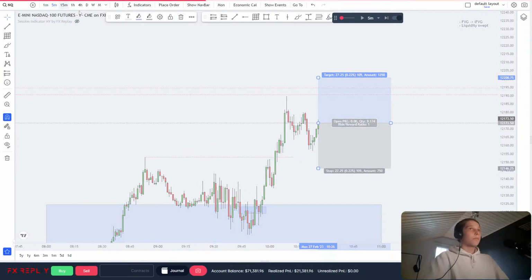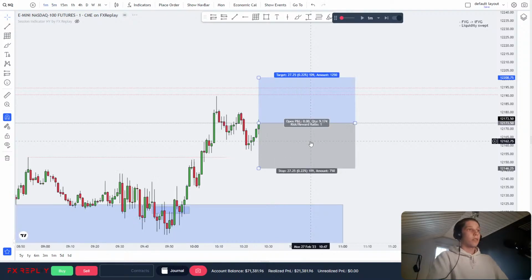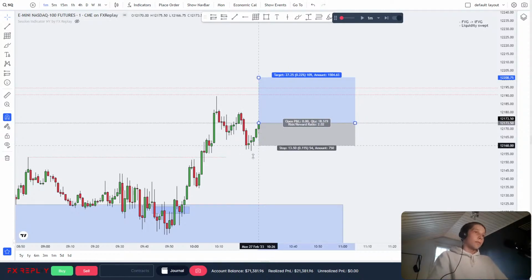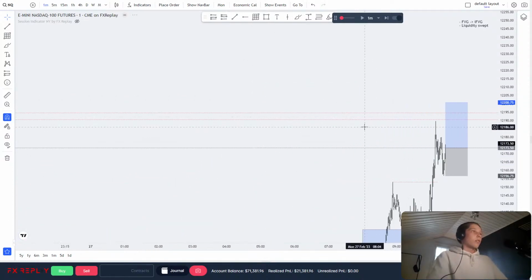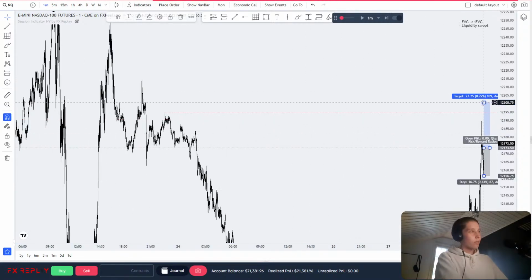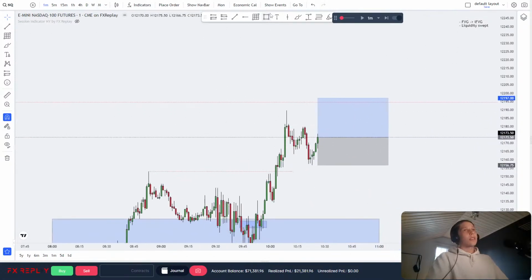Okay, delivering away from M5. The question really is, have we swept enough liquidity to the sell side? I think not necessarily, but I guess we have taken some of it.